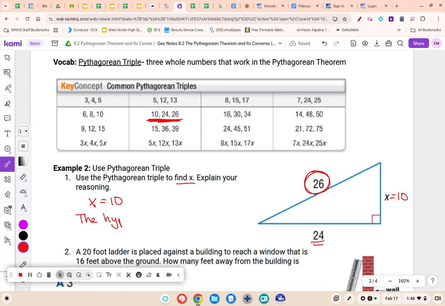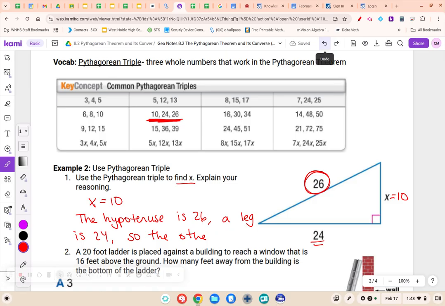The hypotenuse is 26. A leg is 24. So the other leg must be 10.